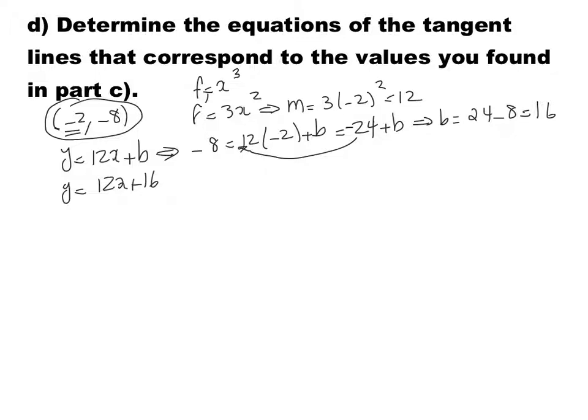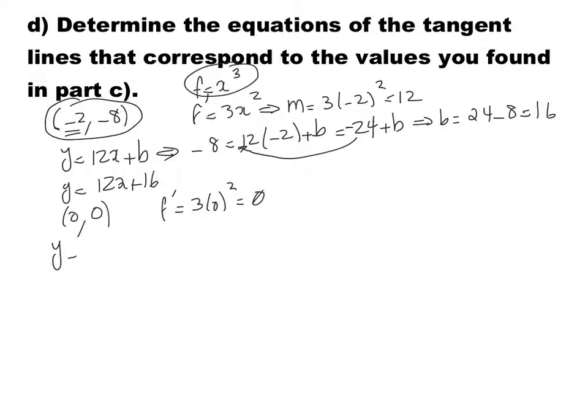The next point was x equal to 0. So if x is 0, putting it back in this equation, we can see 0 cubed is 0, so we have to find the tangent at point (0, 0). We found that the slope at this point, f prime, is equal to 3 times 0 squared, which is 0.